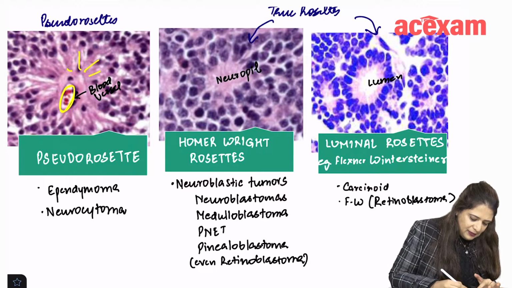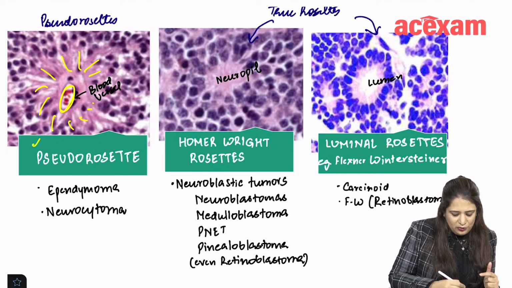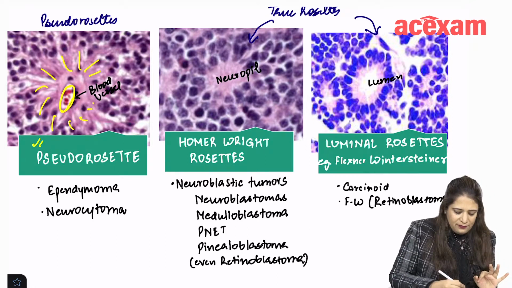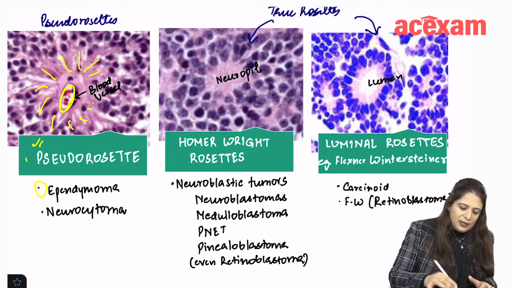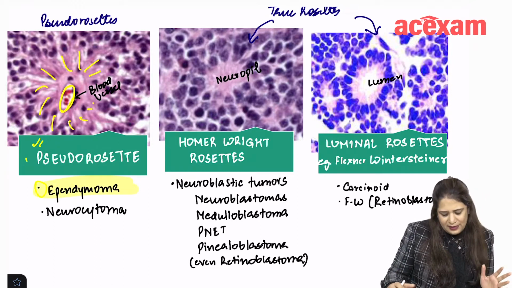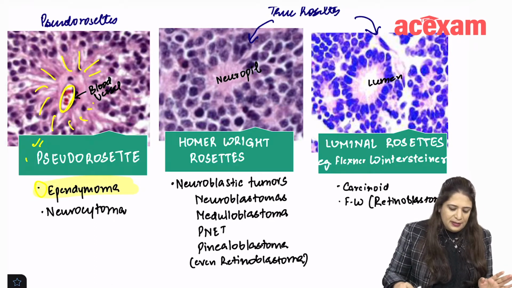are these radiating cells. Though ependymoma not only shows pseudo-rosettes, it also shows true ependymal rosettes. That's a different thing. But the pseudo-rosette example you should know is ependymoma. Even in central neurocytomas, pseudo-rosettes can be seen.